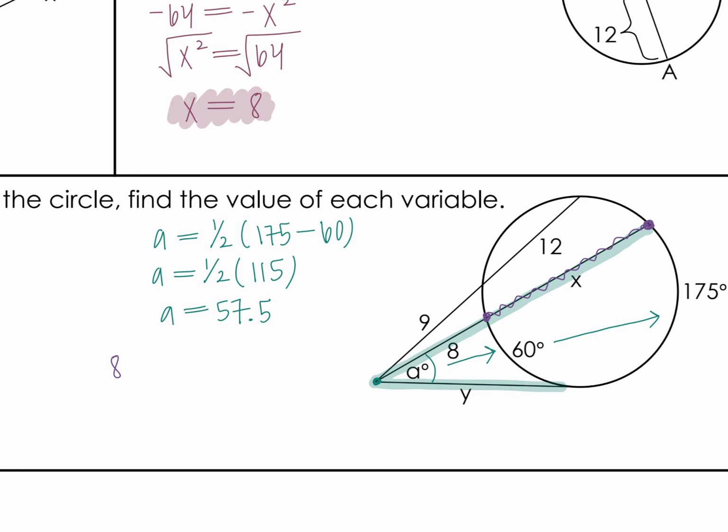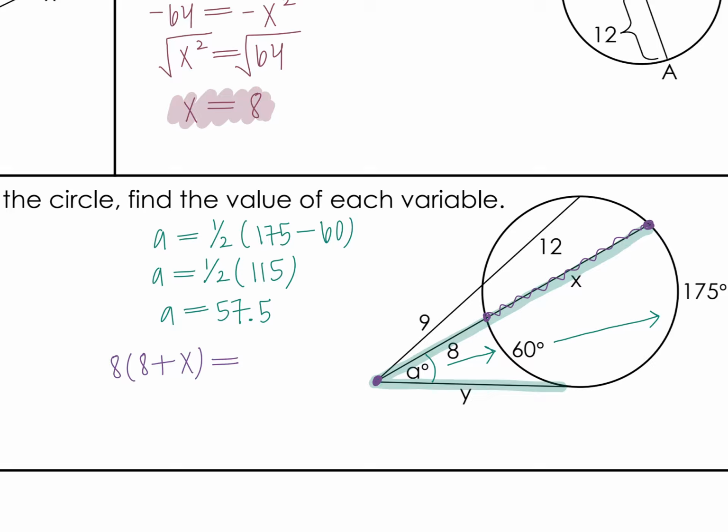Since that is an exterior, we're going to be doing the outside times the whole, so 8 times 8 plus x is equal to, now we want to stay away from this tangent that we see here just because that's going to throw in another variable that we don't have, and we're trying to find that x.